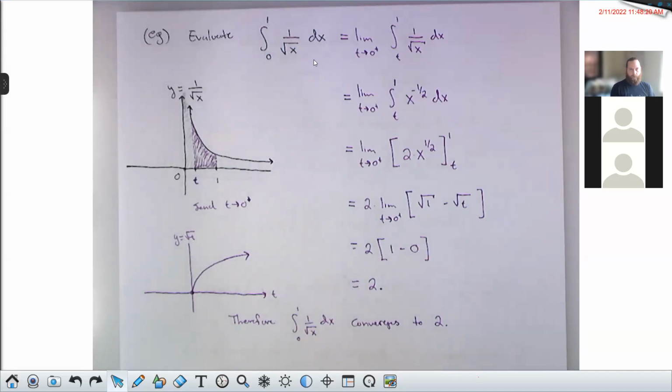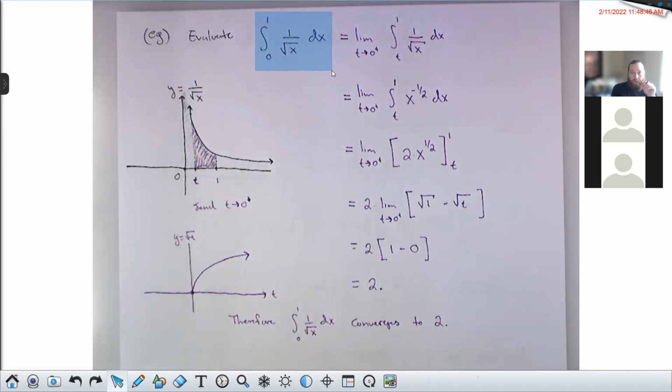That's correct. The answer is no. Why? So no, right? This is not a p integral. Correct to say no there.